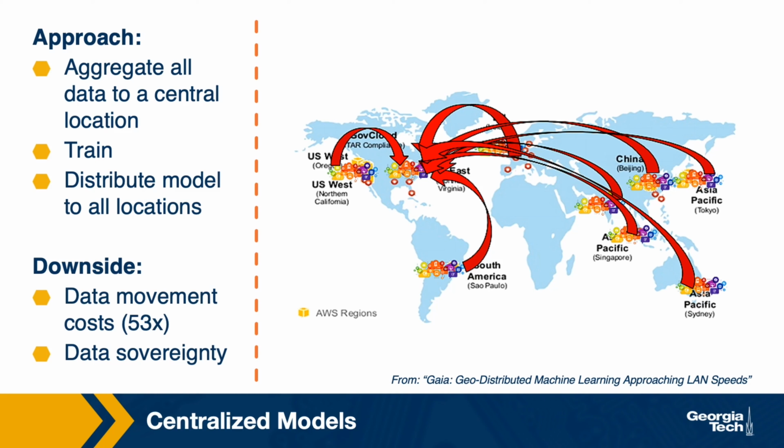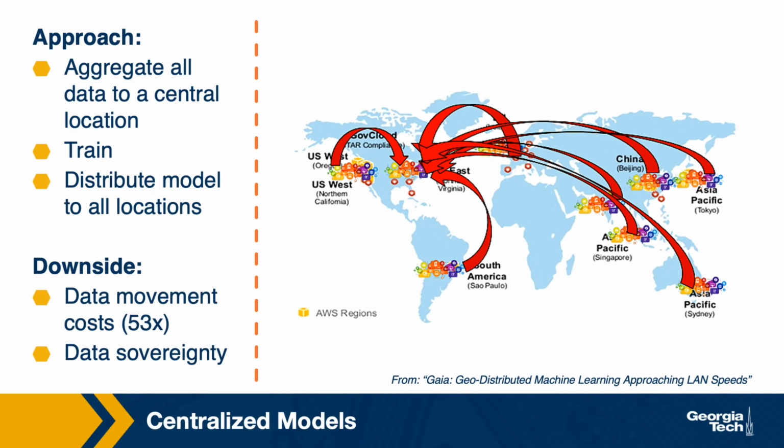If we compare the time that it would take to perform the same kind of machine learning computation if all of this data were available locally to the scenario where the data also needs to be moved from these distributed locations to a centralized location and back, we would see that the latter case would be 53 times slower.